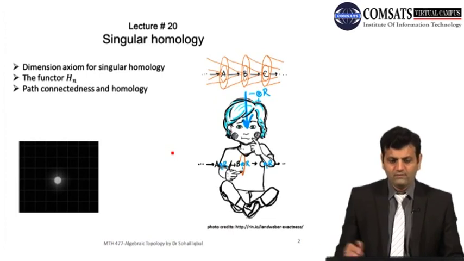We have already discussed these two things for simplicial homology. For example, we discussed the functor Hn for simplicial homology, and we have already seen the results on what the homology groups will be if we have path connected components, and in particular we discussed H0. Okay, so let's start with today's lecture.